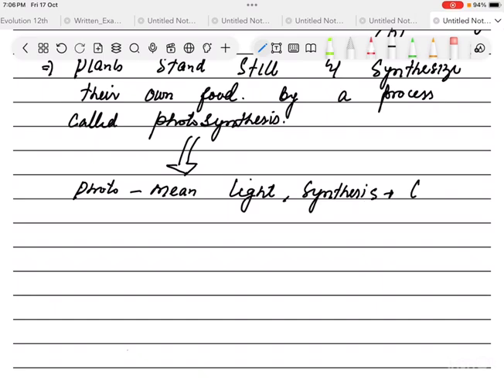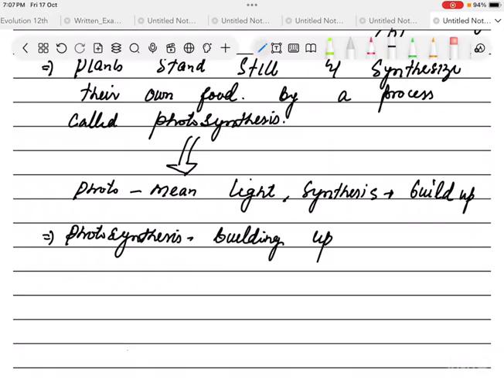Synthesis means build up. So the term photosynthesis literally means building up something in presence of light.